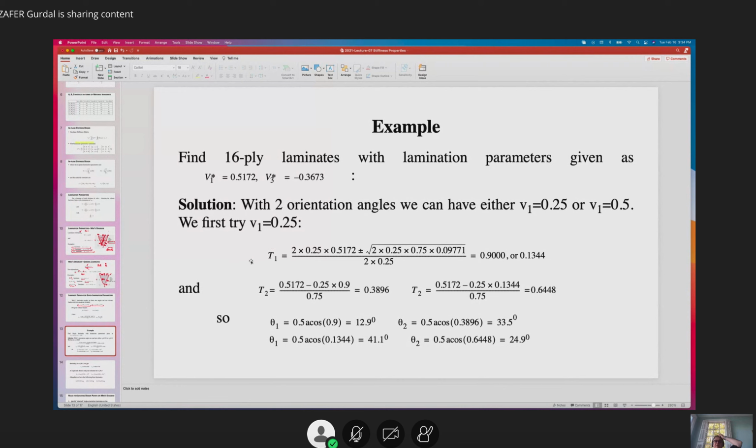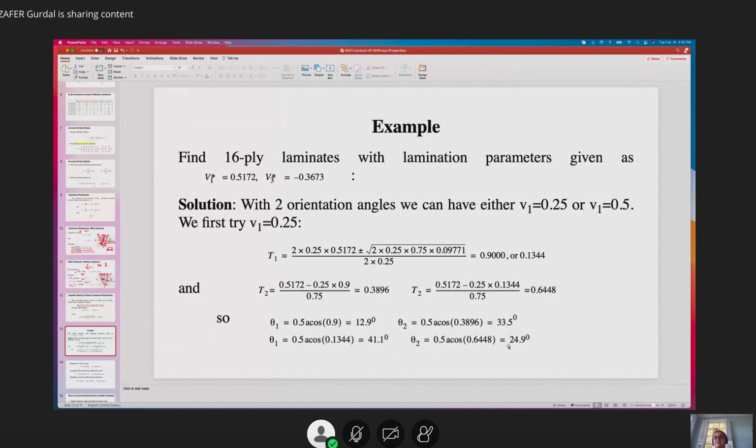So the equation for T1 is either 0.9 or 0.13, and corresponding T2 for that is 0.38 and 0.64, and the angles come out to be 12.9 degrees and 33.5 degrees. That's a laminate that would give me the in-plane stiffness property that I desire.